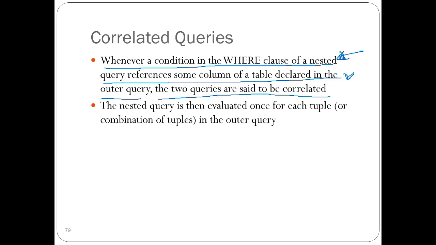Okay, and there's an issue with the efficiency in correlated query. Correlated queries are inefficient. Okay, we'll see that very soon. So the nested query is evaluated once for each tuple in the outer query.